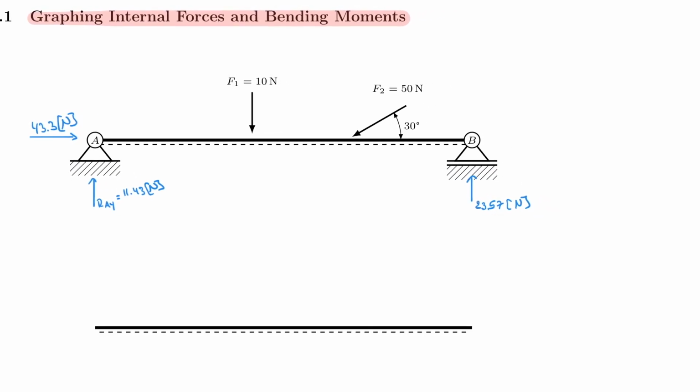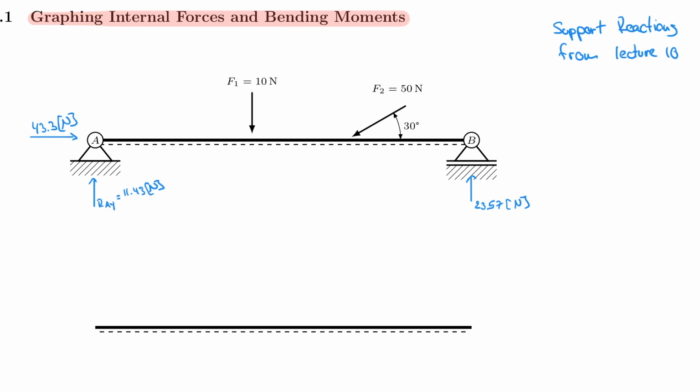Let's remember real quick that we got the support reactions from lecture 10. If you're really puzzled about the support reactions, please go back to lecture 10 to understand how you determine them, because as you already saw in the last lecture, we always need the external forces first to find the internal forces.